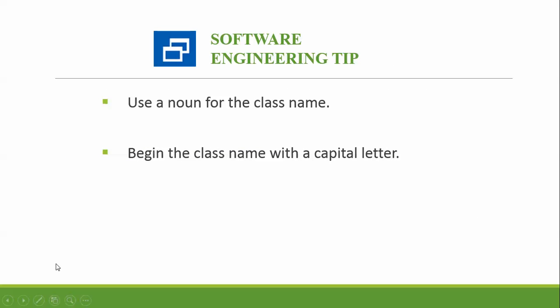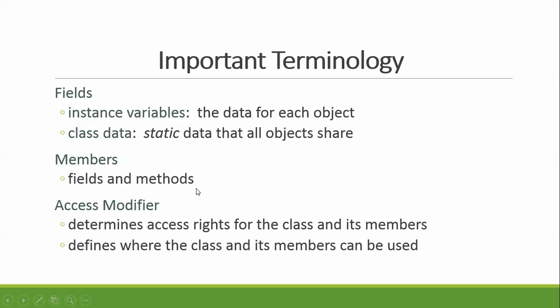When we create a class, we always want to make it start with a capital letter, and it's usually a noun. In that class, you're going to have constants, variables, and methods.